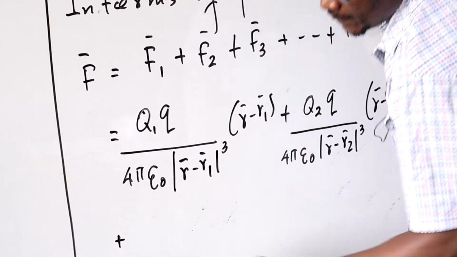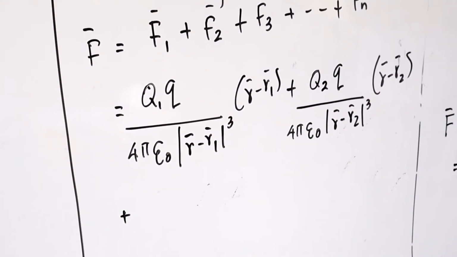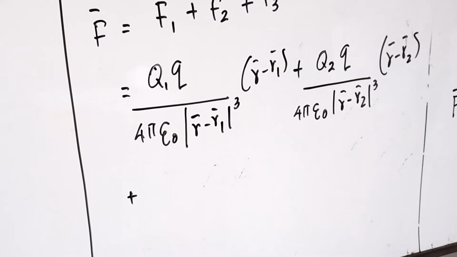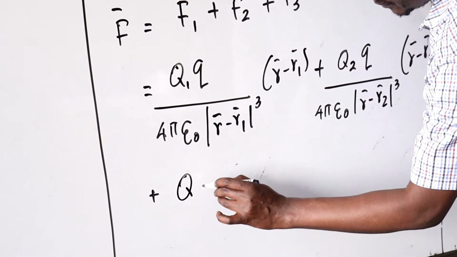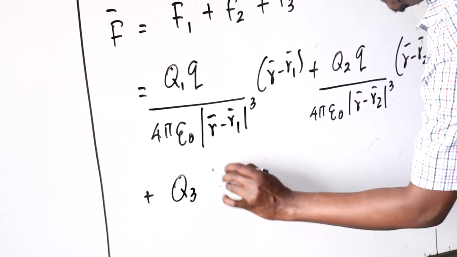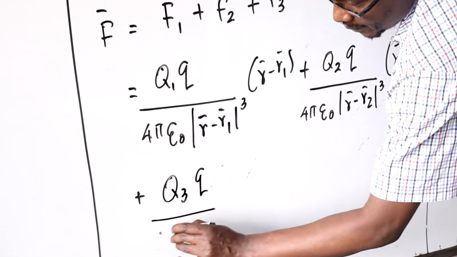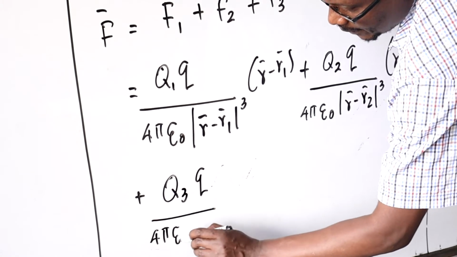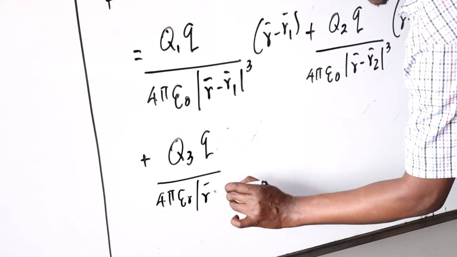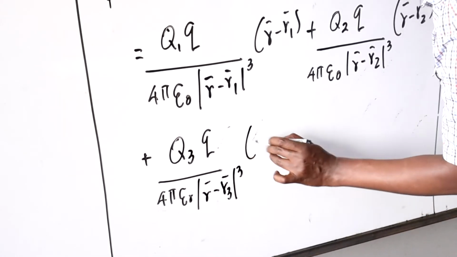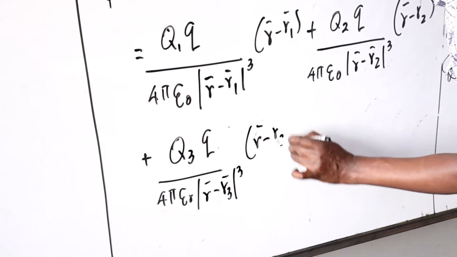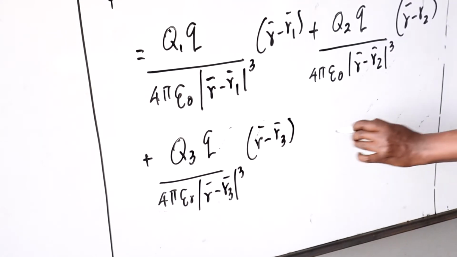Say maybe plus the third one, which is Q3 Q over 4 pi epsilon naught R bar minus R3 bar cubed into R bar minus R3 bar, like so.